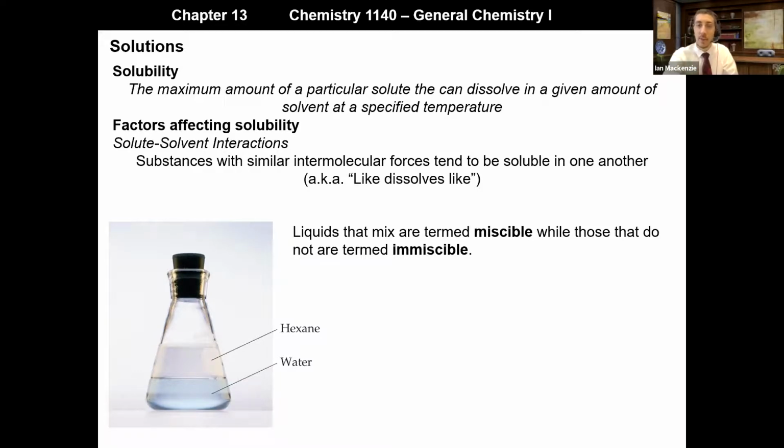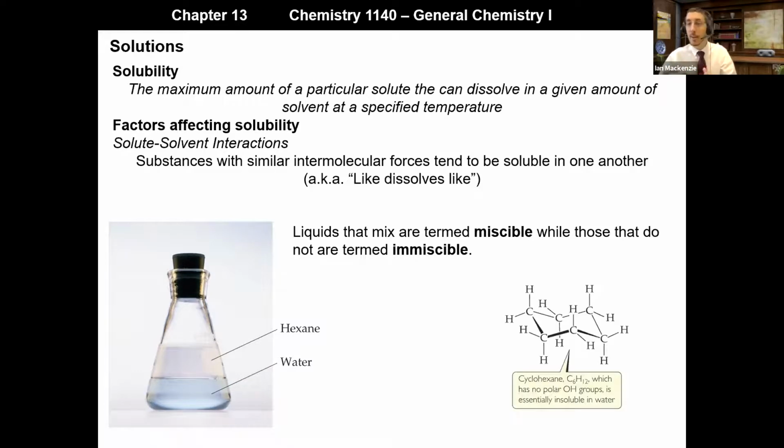Now, just a couple more examples here. If we look at cyclohexane, which has the same number of carbons as hexane, just they're in a ring now rather than all linear. Here we again note that it has no polar OH groups. It has only dispersion forces. And so cyclohexane is insoluble in water because of the differences in their intermolecular forces.